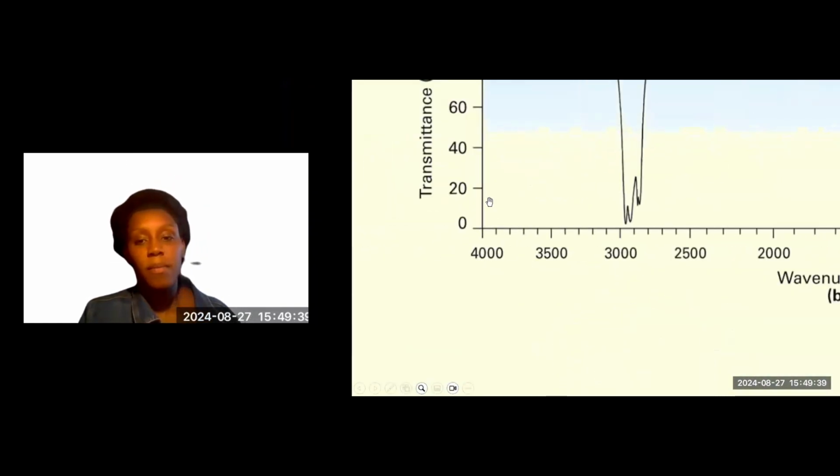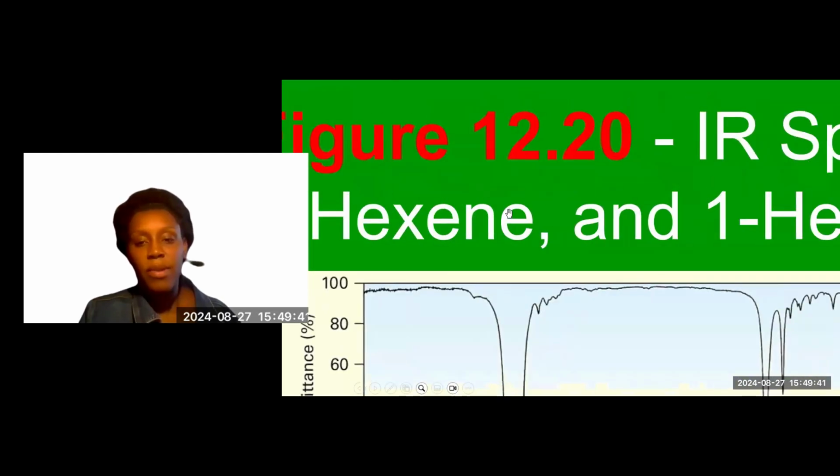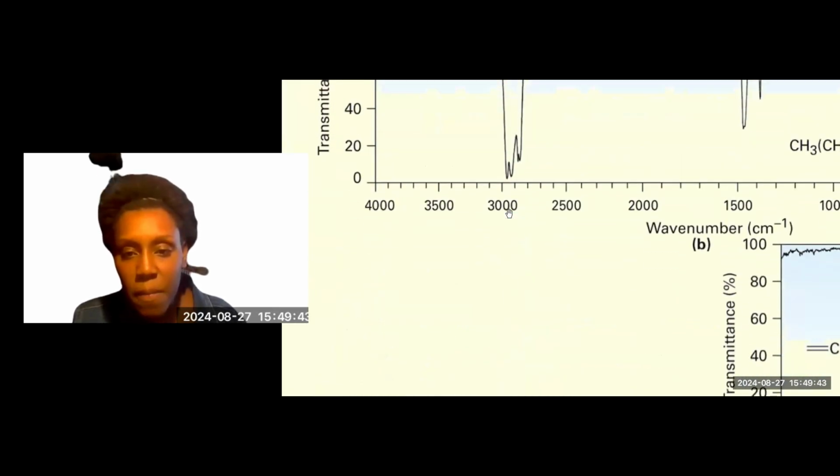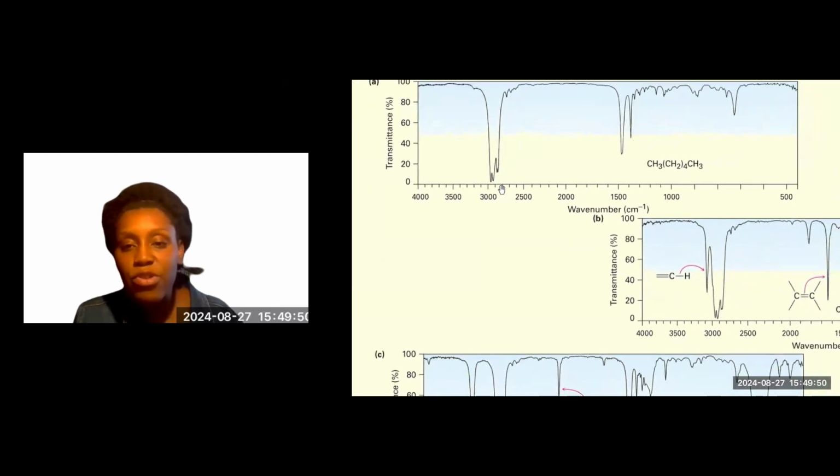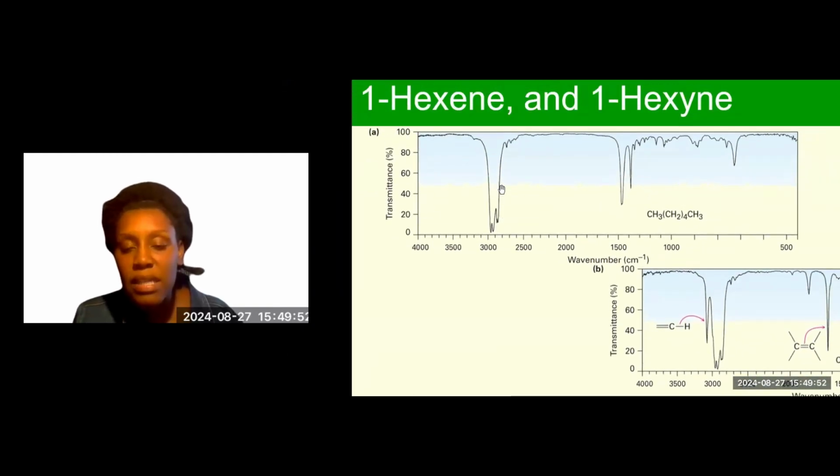Well, anyways, we can look at it this way. You notice all the peaks are right below 3,000. And so we know that when that happens, it's an alkane and there are no double bonds present.